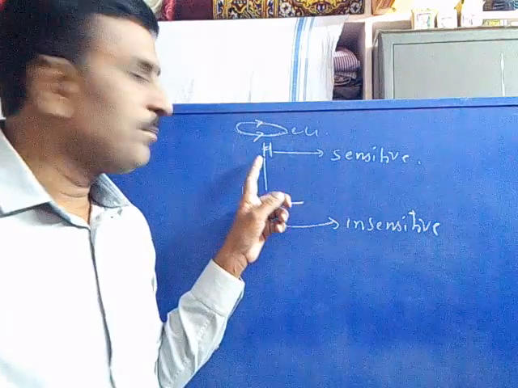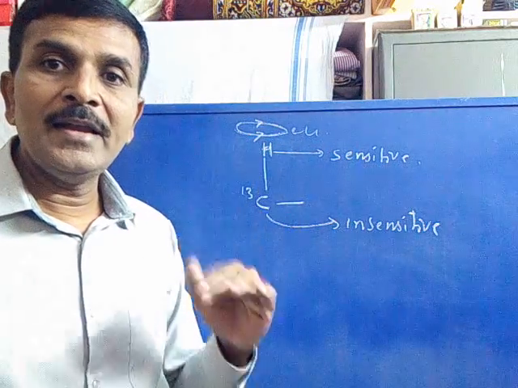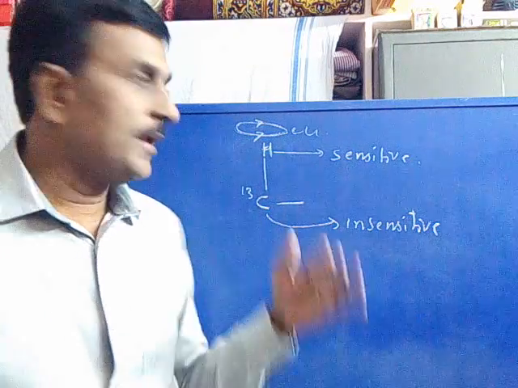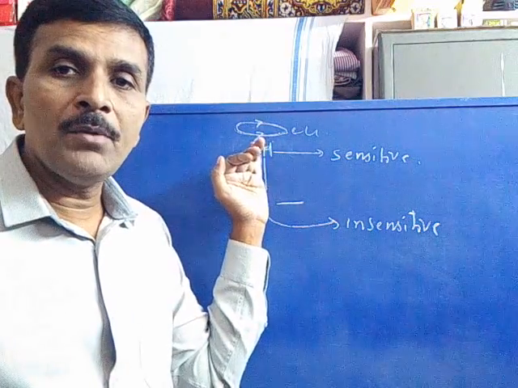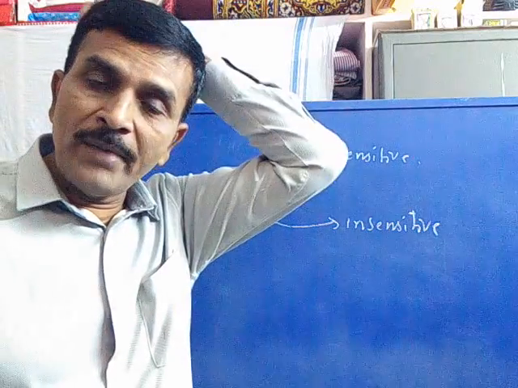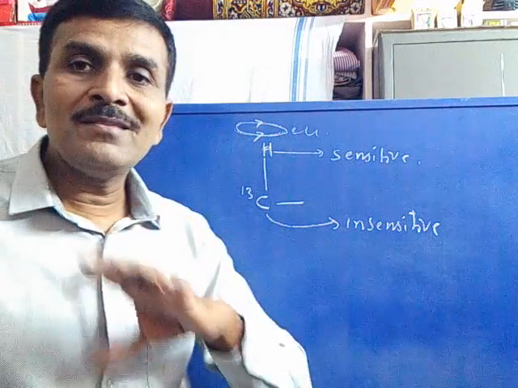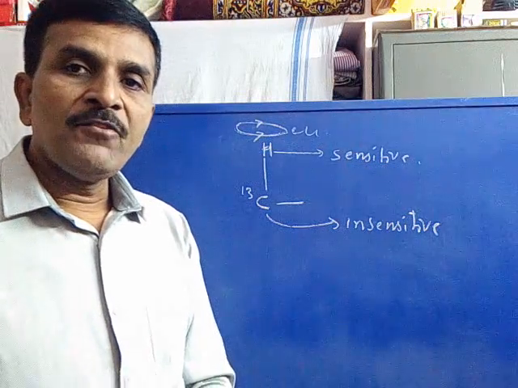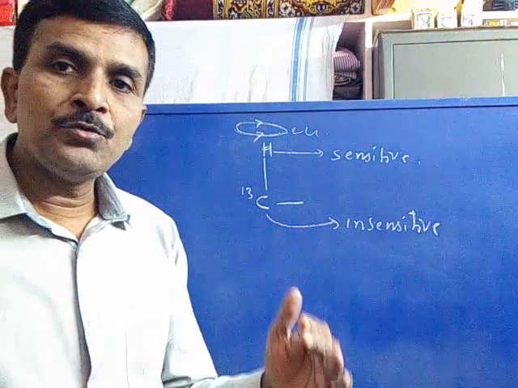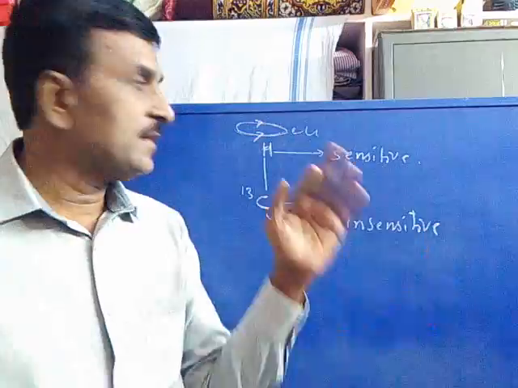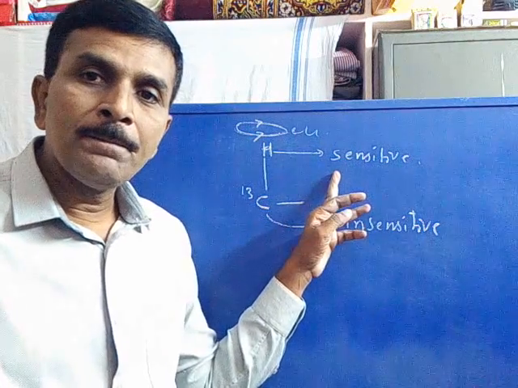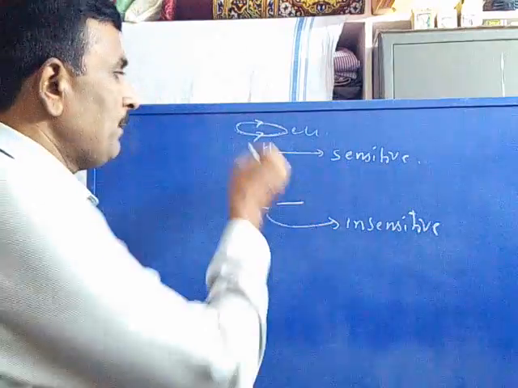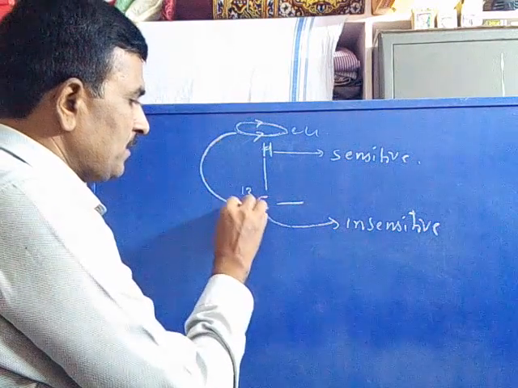A proton nucleus is highly sensitive, and we know it is capable of producing its own magnetic field. Now in the INEPT experiment, the magnetic field produced by the proton nucleus, that is the sensitive nucleus, is transferred to the insensitive carbon.